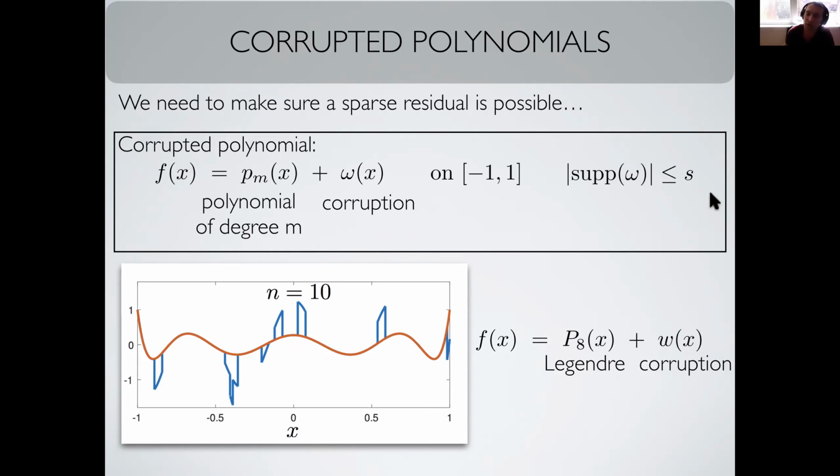I'm supposing this support is small, and I want to recover what's in orange. In this case, the best L1 polynomial approximation to this blue function of degree 10 exactly recovers this underlying polynomial. So when I have this polynomial, this is where I can make sense of exact recovery.